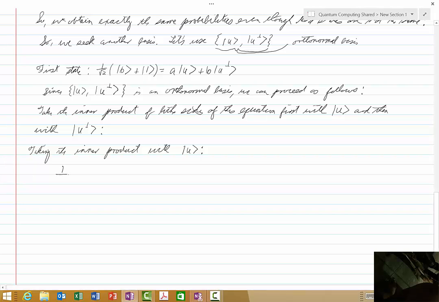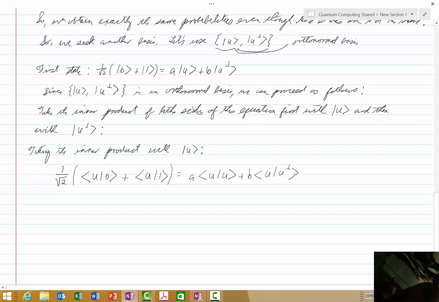On the left-hand side, we'll get 1 over square root of 2 times the inner product of u with 0 plus the inner product of u with 1. And that will be equal to a times the inner product of u with u plus b times the inner product of u with u orthogonal.